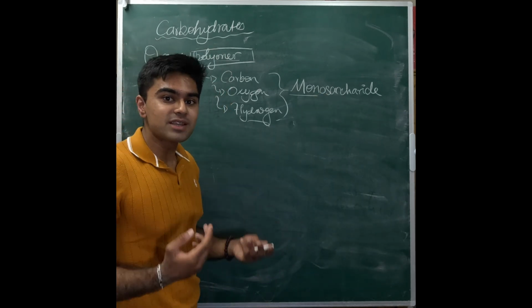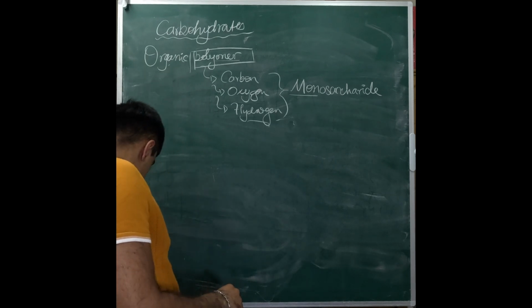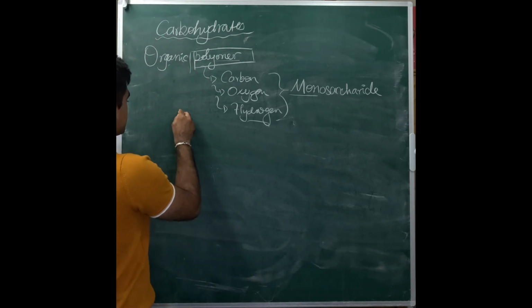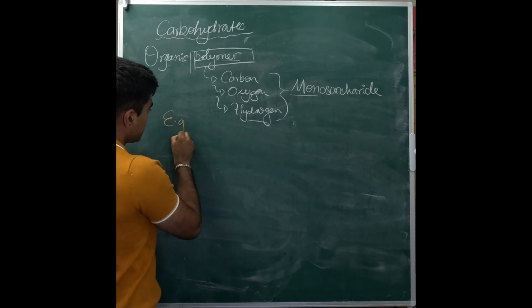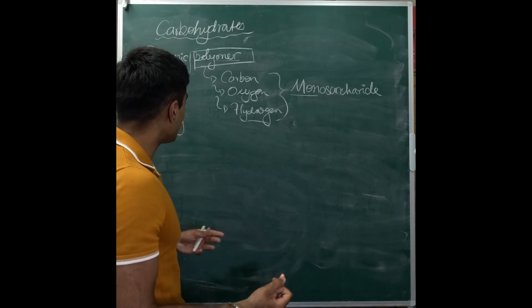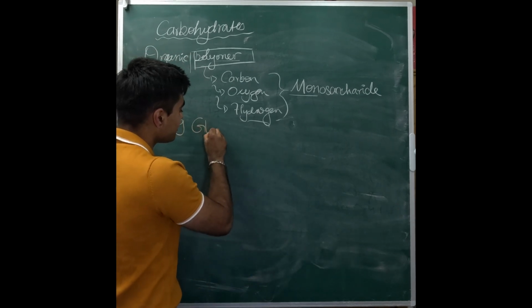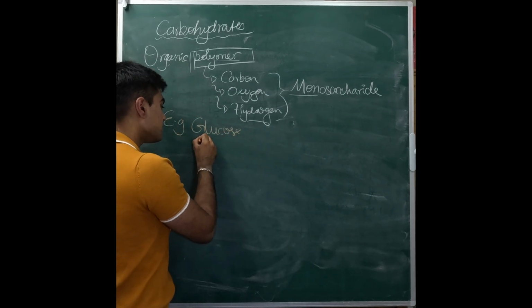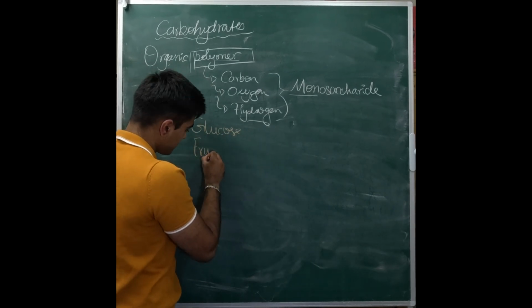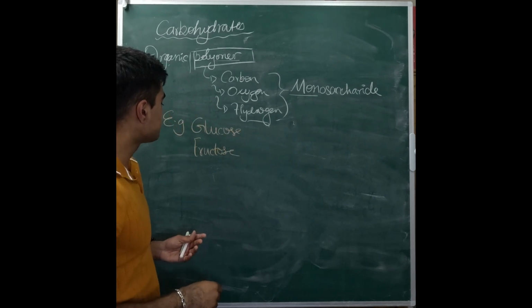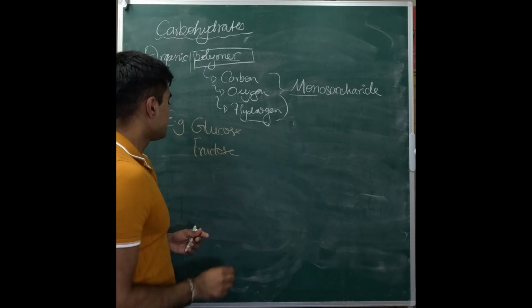Now, what are some examples of monosaccharides? Let's use a different color. Now, some examples of monosaccharides. Now, the most popular monosaccharide that you will ever find is glucose. Glucose. The next one, we know fructose. Now, fructose is this very sweet thing that you sometimes get in sweets as well.